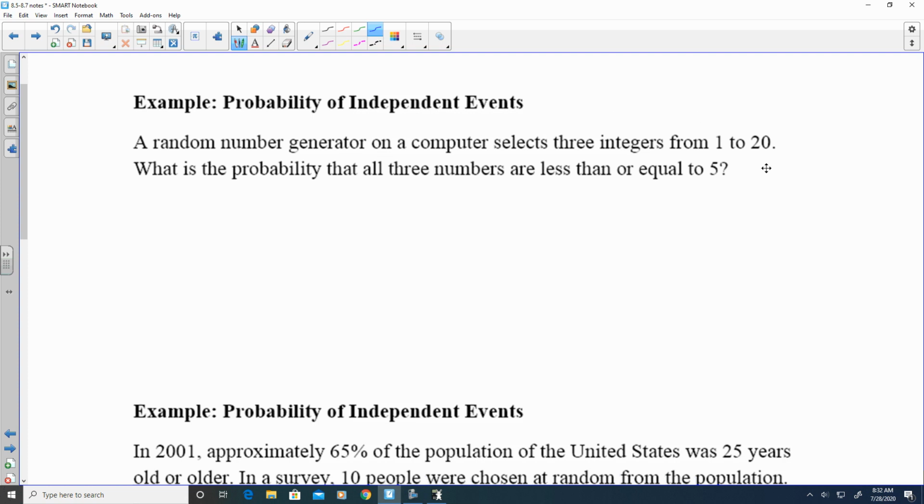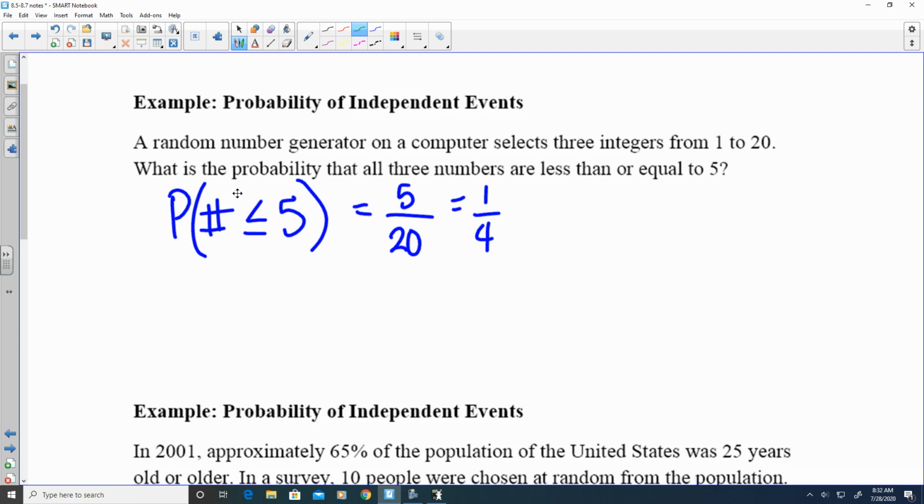From three integers from 1 to 20, what's the probability that all three numbers are less than or equal to 5? So let's find the probability that the first number is less than or equal to 5. There are 5 ways to get that, and there are 20 total. So that's 1/4 to get a number less than or equal to 5.